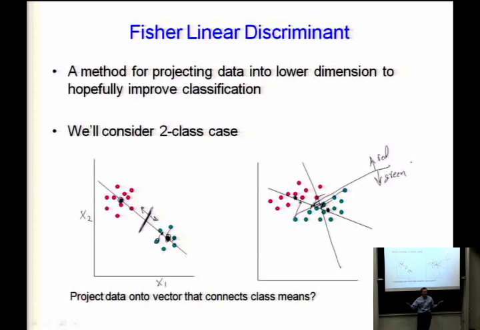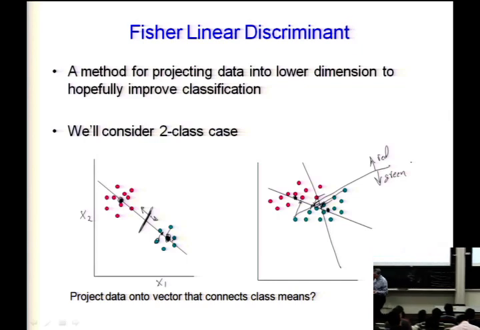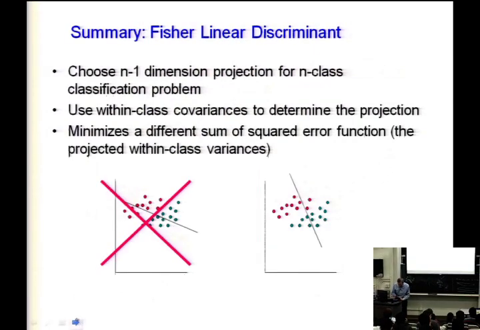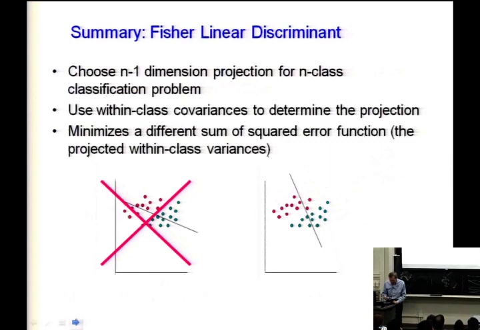That's the line we'd really like. It's the one such that after projecting our original points into that lower dimensional representation, we can find a good linear classifier. And that's exactly the idea of the Fisher linear discriminant. In fact, it uses exactly that objective.